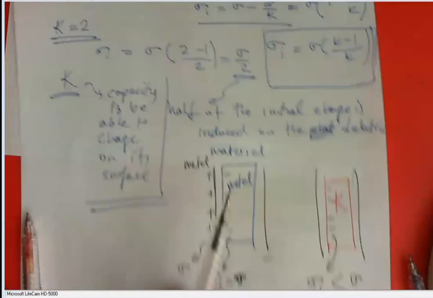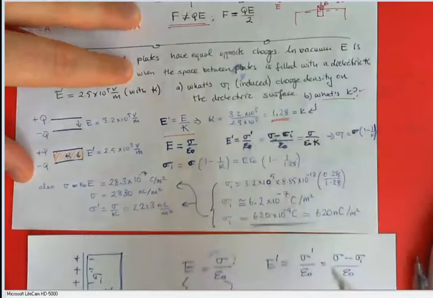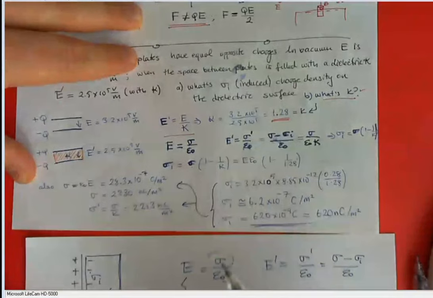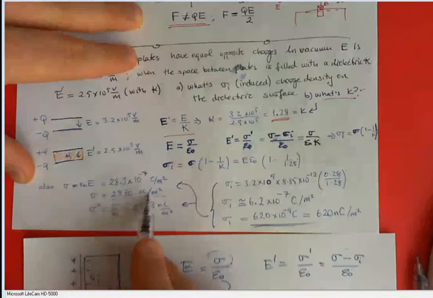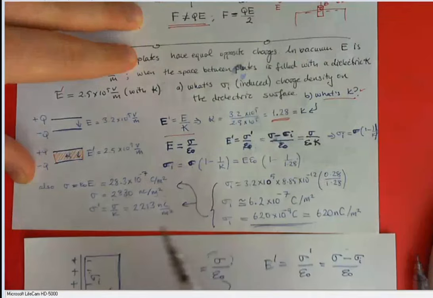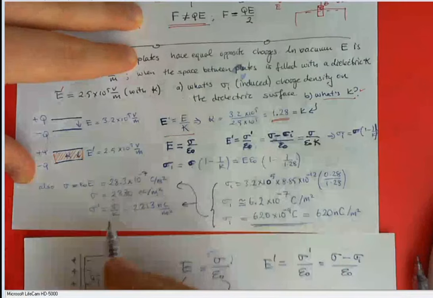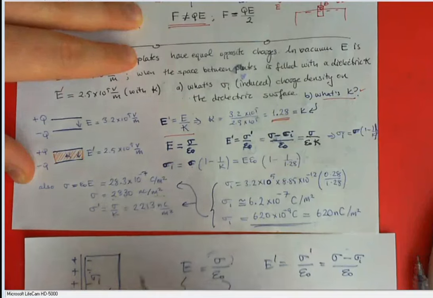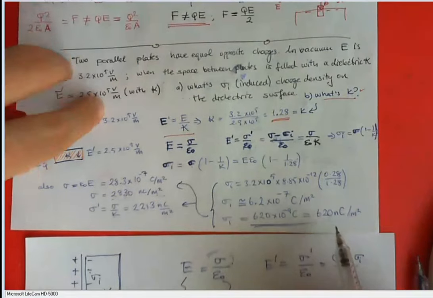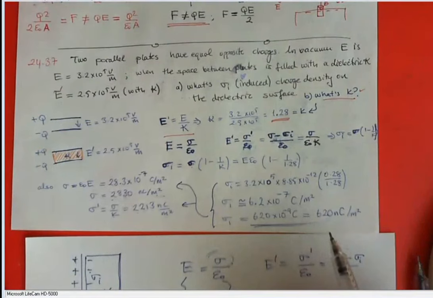All right, let's go back to our question. You can use any of the formulas that I showed you. Just plug in the values, and you can find that sigma is 2830 nanocoulomb per meter squared, and sigma induced will be this divided by kappa, 2213 nanocoulomb per meter squared.